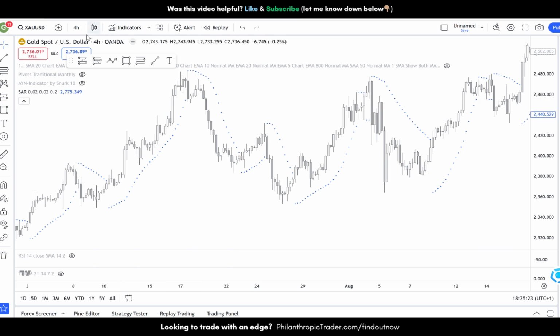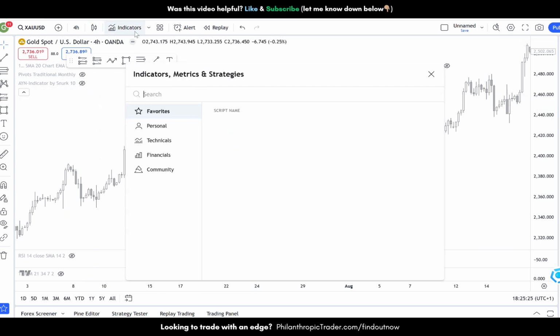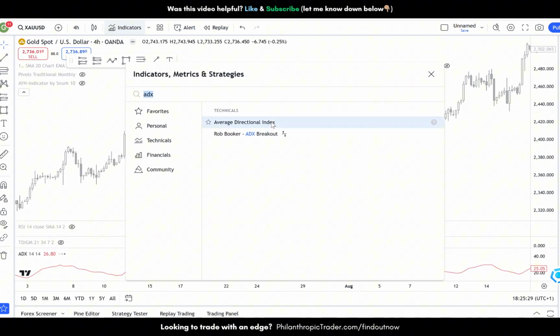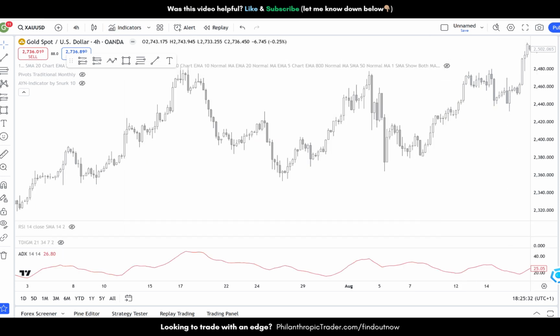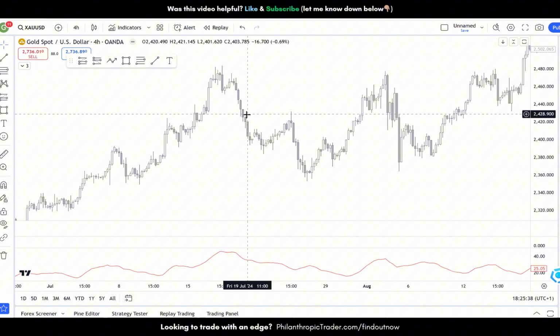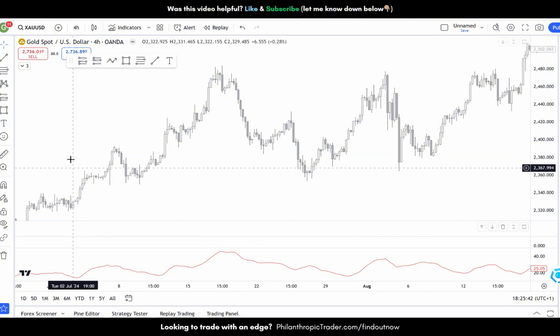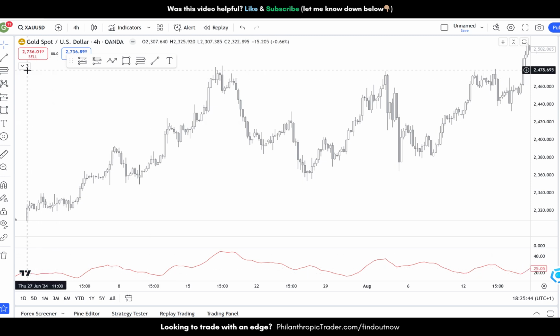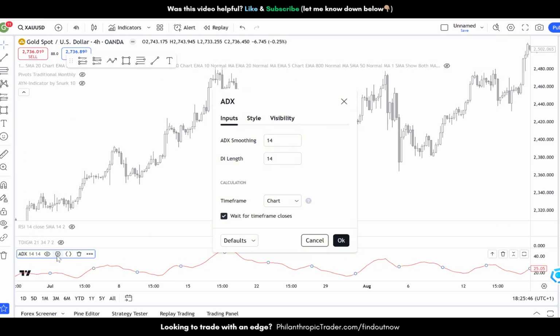Then last but not least, we go to the ADX, average directional index. So yeah, finally we will cover the ADX, which measures the strength of a trend. Over here we have the ADX, and the period is set at 14.